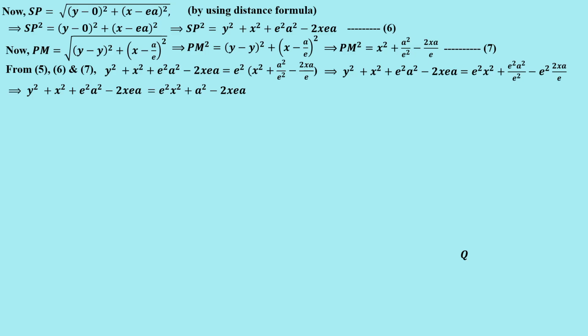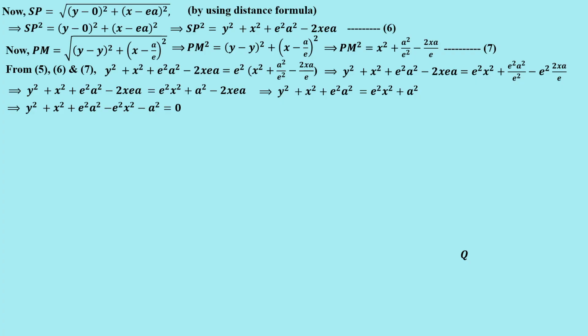E square gets cancelled, numerator and denominator, on the right side. So plus e square minus e square and e get cancelled, right? Remaining 2xae. So y square plus x square plus e square a square is equal to e square x square plus a square, because minus 2xae on the left hand side and the right hand side of the equality get cancelled.